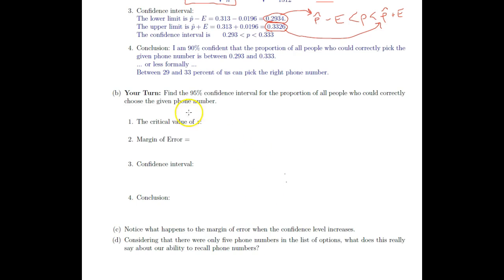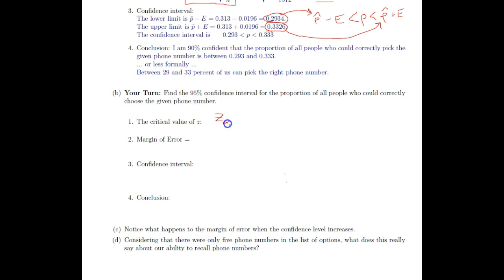Okay, so we're going to try to find the 95% confidence interval for the proportion of all people who could correctly choose the given phone number. So a lot of the same data here is going to be carried down. Our critical value is really the only thing that's going to change. So we're working with 95% confidence now.